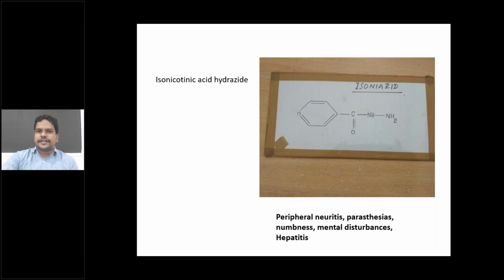Very good. Anti-tubercular drug. Isoniazid is an anti-tubercular drug. Its chemical structure is isonicotinic acid hydrazide. Adverse effects of isoniazid are peripheral neuritis, paresthesia, numbness, mental disturbances, hepatitis.